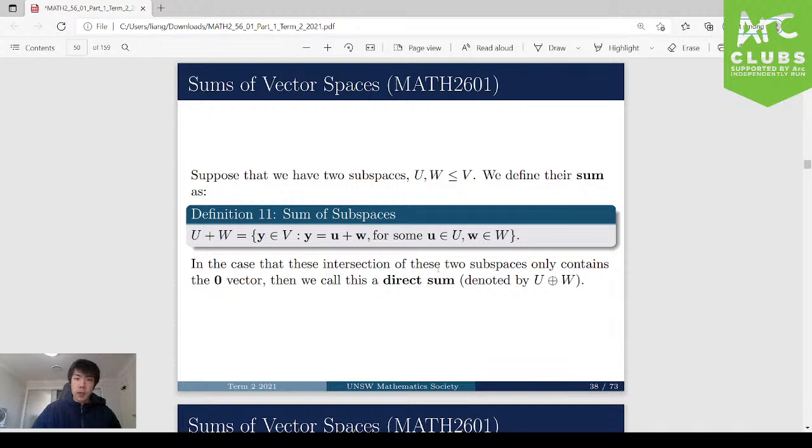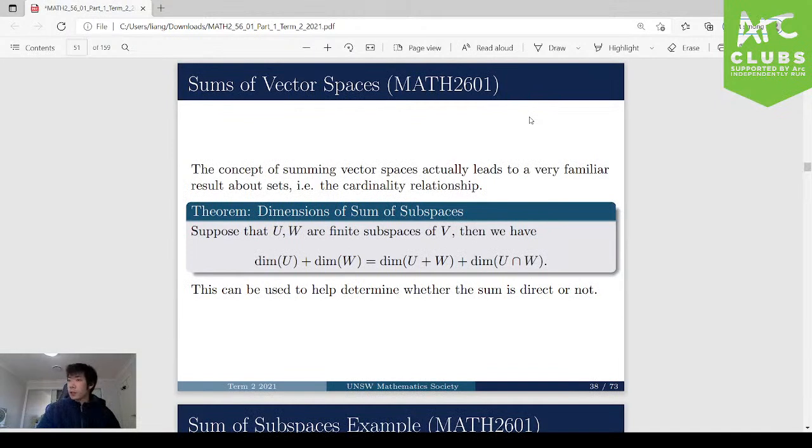Suppose we have two subspaces U and W within V. We define their sum as being the set of all vectors in the vector space V, where y equals some vector u plus some vector w, where u is some vector in capital U and w is some vector in capital W. And furthermore, if the intersection of capital U and capital W is only the zero vector, or in other words, is trivial, then we have a direct sum. And we denote that by U, this circle addition, W. Okay.